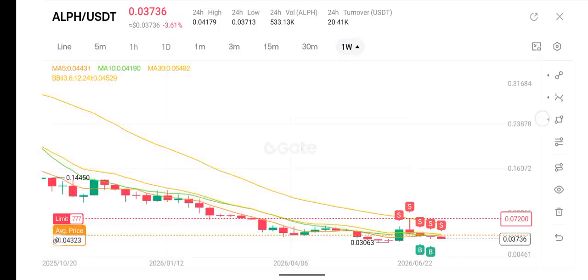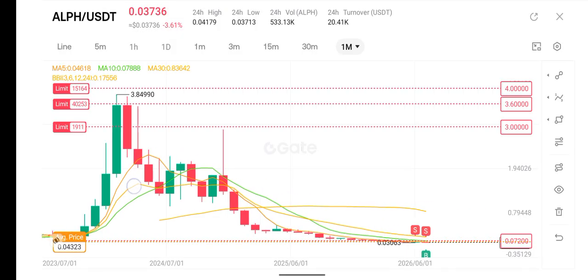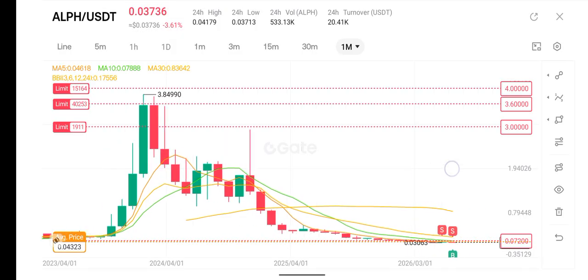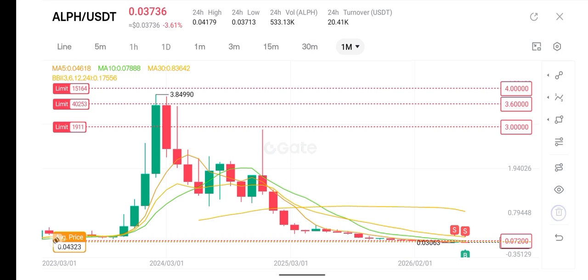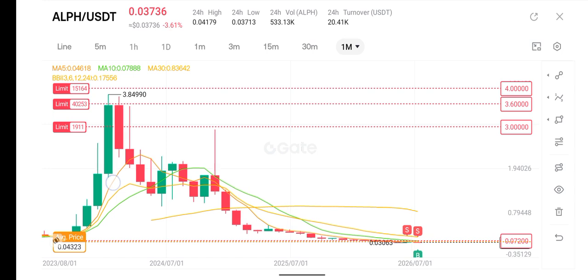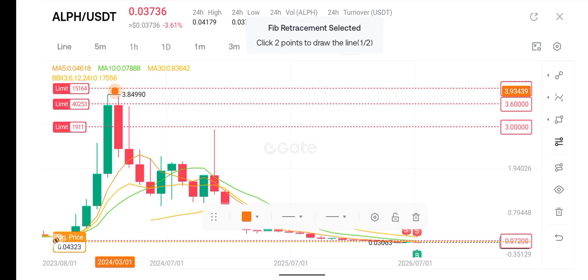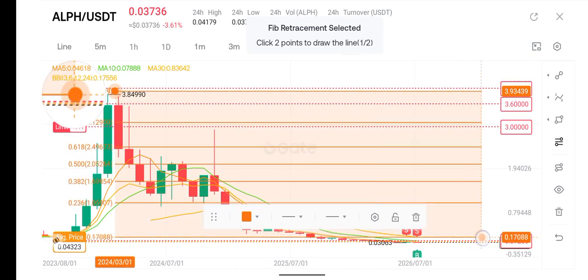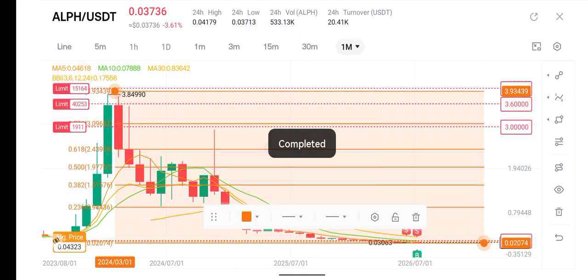So lastly, let's look at the monthly chart before we call it a day. The monthly chart consists of just 12 candles because 1 month represents one candle. So you're not going to see much noise here. Let's pull out our Fibonacci retracement and I take that from here.